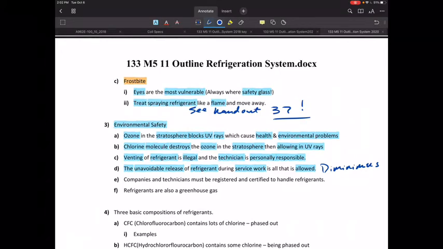Some of the other rules are that companies and technicians have to be registered and certified to handle refrigerants. What this means now is that anybody who purchases, installs, or works with systems has to be certified to handle that. I can't go to a wholesaler and buy a drum of refrigerant unless I show them my card.